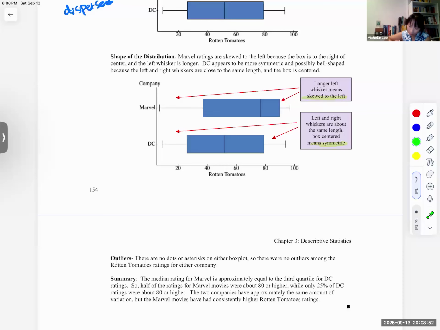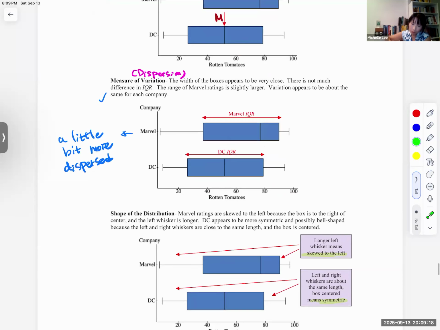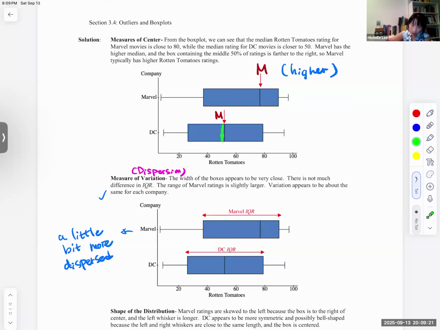So let me go back to this statement so that we can understand this one. Half of the ratings for Marvel movies were about 80. We knew that their median is 80. Then they said they were higher, while only 25% of DC ratings were about 80 or higher, right? So let's take a look here, from here to here.